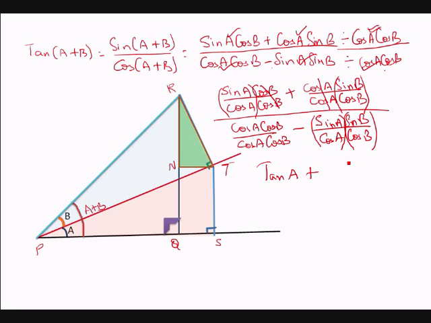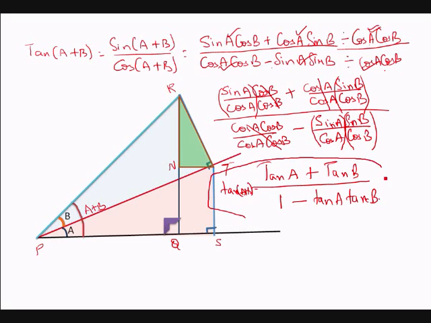And this is sin B over cos B, which is tan B in the numerator, and in the denominator we have 1 minus tan A times tan B. Therefore the formula for tan(A plus B) is tan A plus tan B over 1 minus tan A tan B.